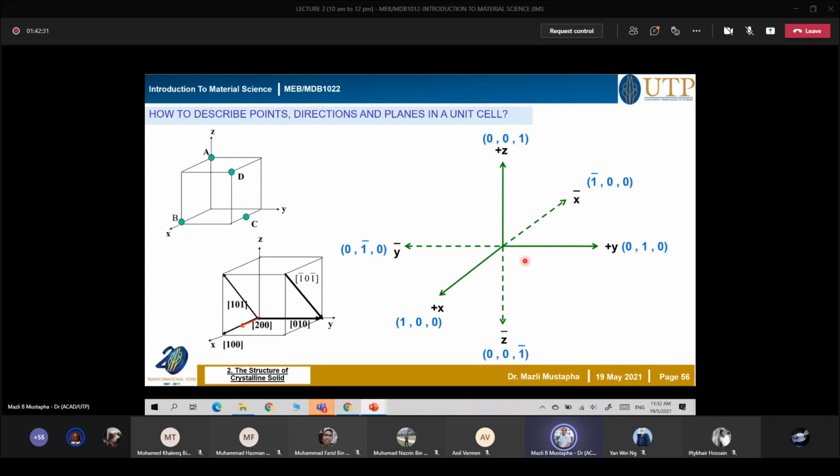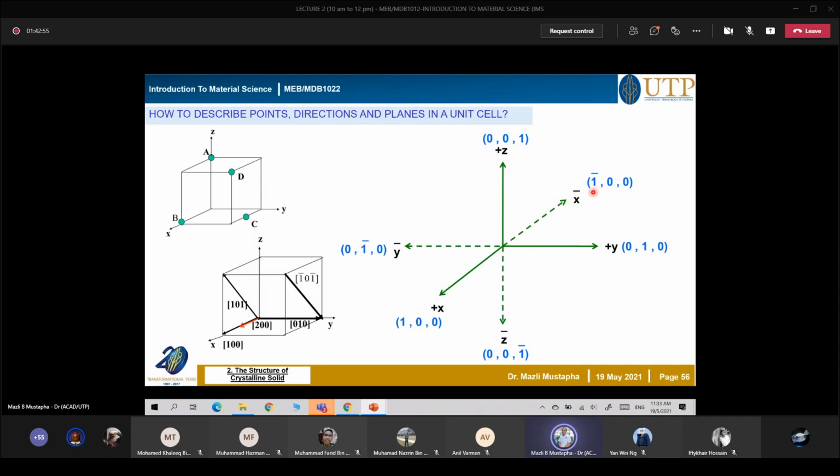I'm not going to say you are wrong if you put this as x or y, but you should state it. For this one, the x-axis, this is our origin. Moving forward we call it plus x, and moving backward is minus x.